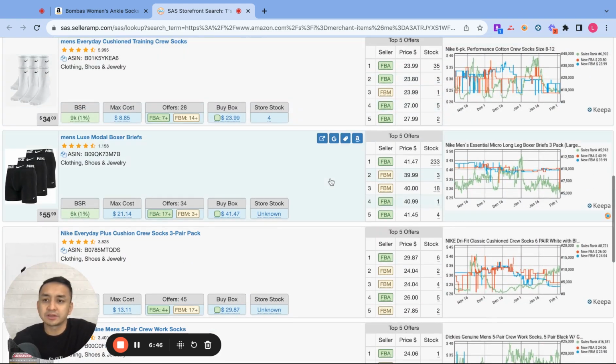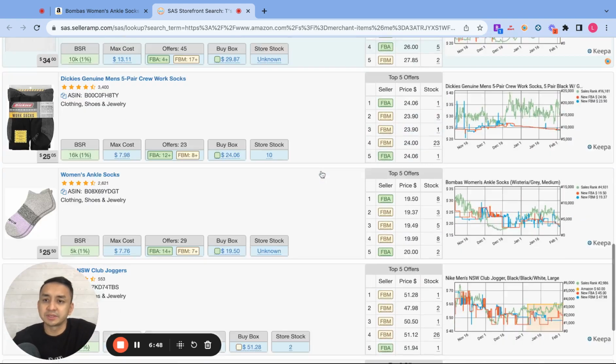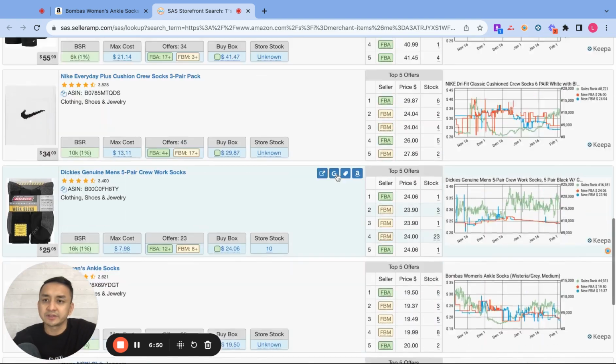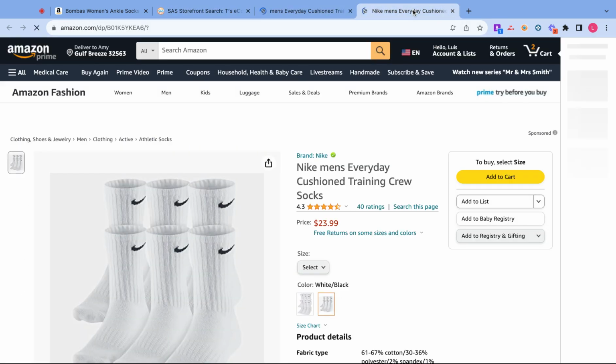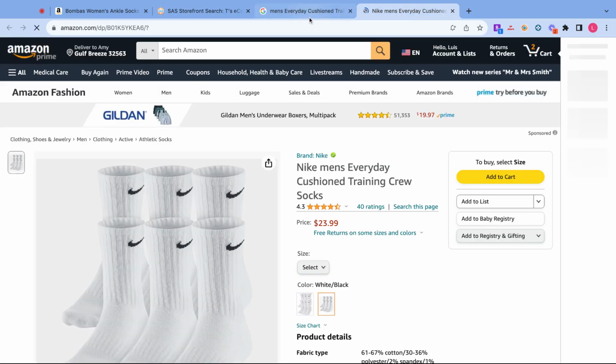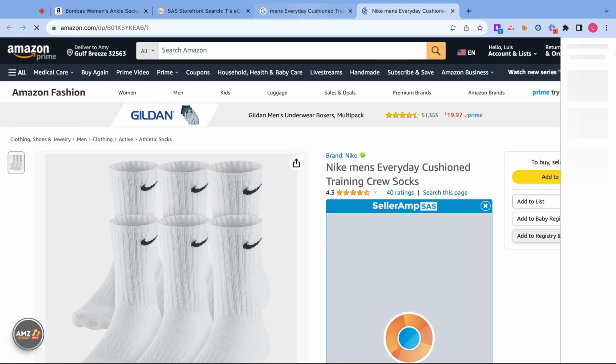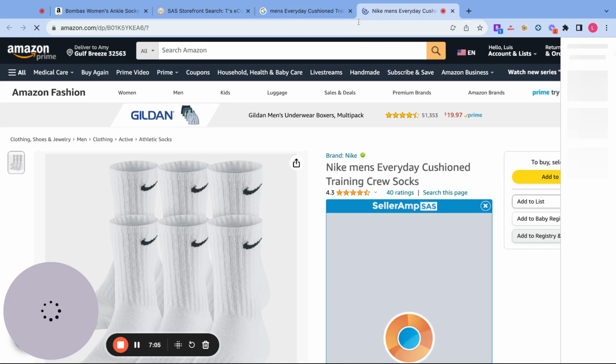So this seller is also selling a lot of Nikes, it seems. So yeah, it's fine. Let's try this one, the socks. Okay, so everyday cushion training crew socks.